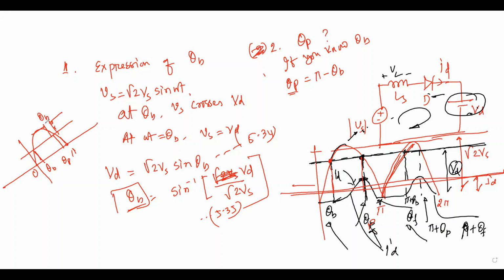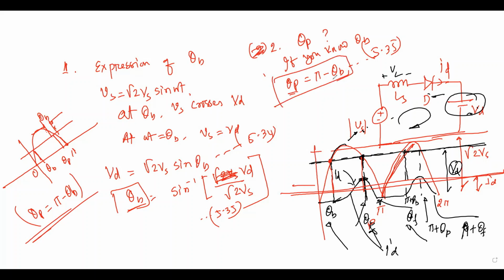Yes. Then theta p will be pi minus theta b. Am I correct or not? Yes, sir. Okay, so this is your equation number 5.35 of your book.